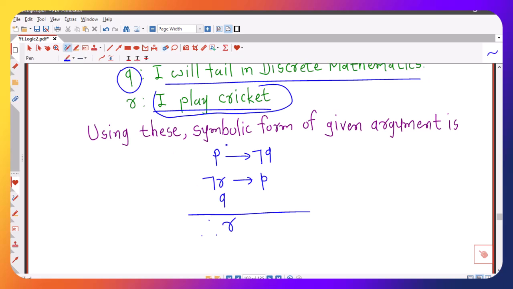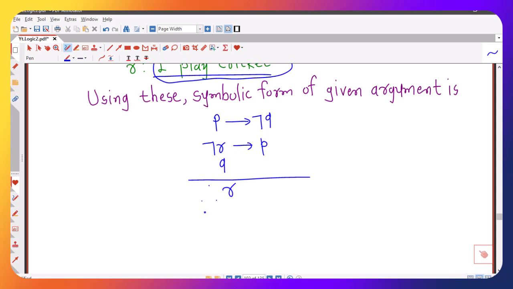So this is the symbolic form of the given argument, and we have to determine the validity of this argument.